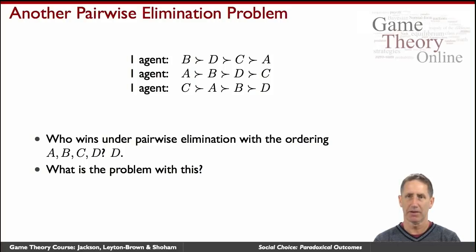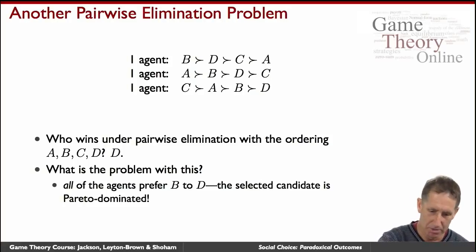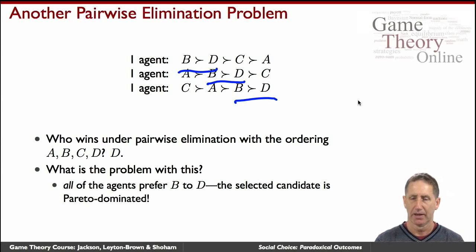Pause the video, think about it, and realize that the problem is that everyone prefers B to D here. So B is preferred to D here, B is preferred to D here, and B is preferred to D here. And yet D, this Pareto-dominated candidate, wins. So something is wrong in this picture.